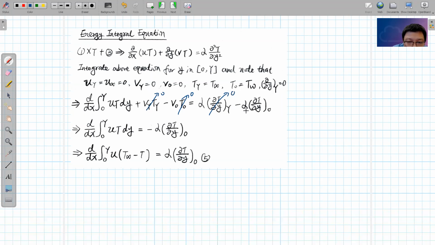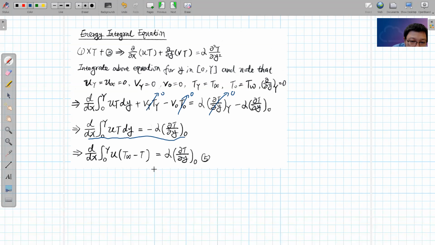So these two terms are the only terms left. We also add back this T infinity, a constant term. It won't change the result, it just makes it represent a temperature difference. So this equation 5 will be the final form of the integral form of the energy equation.